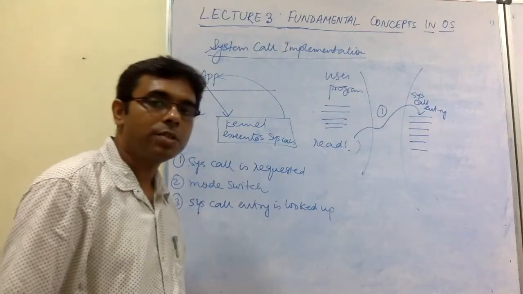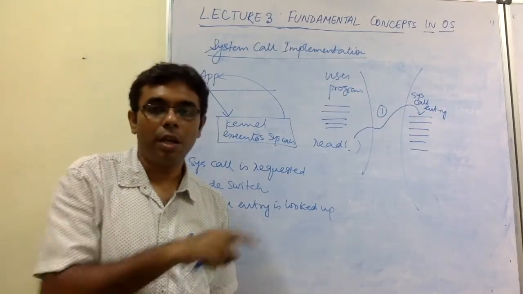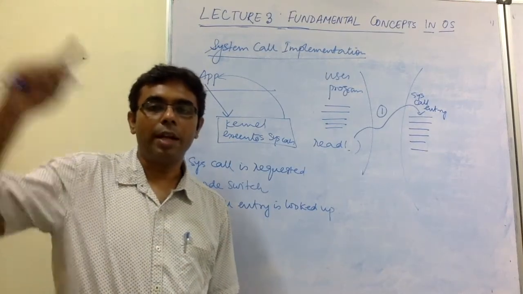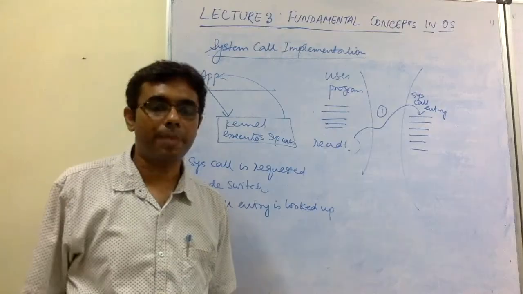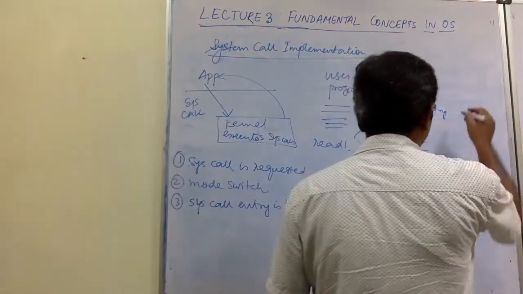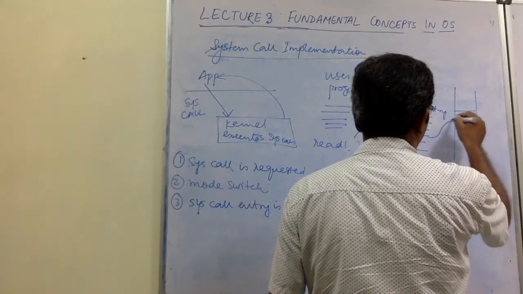Once the OS can identify that this is the interrupt that has come, that is the corresponding system call, and it looks up where its interrupt handler is, then it looks into the system call table, so it actually takes up this entry.